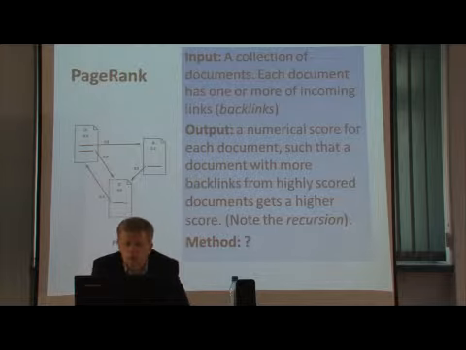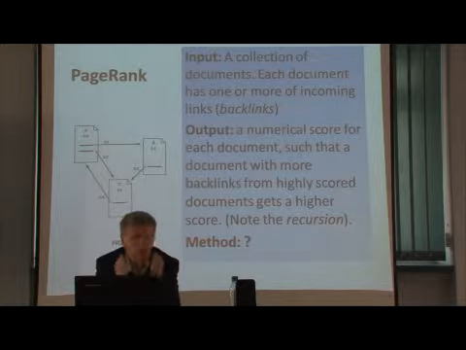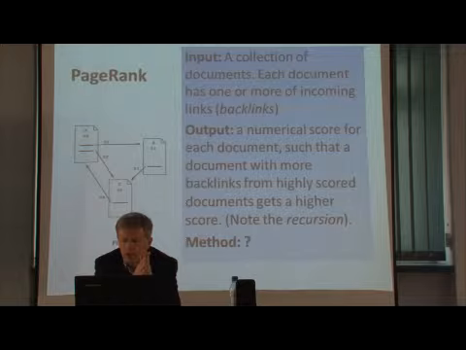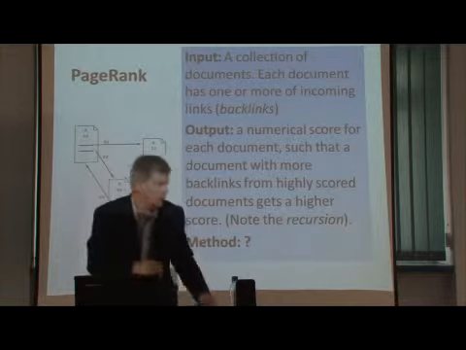The output of the PageRank algorithm is a numerical score for each document, such that the documents with more backlinks, that is, those that have more quotations, have a higher score, provided these quotations come from highly scored documents, all right?